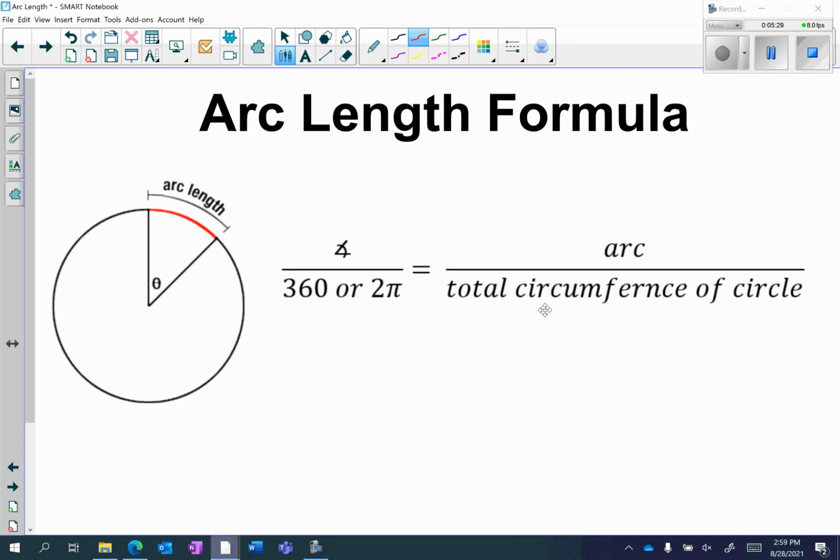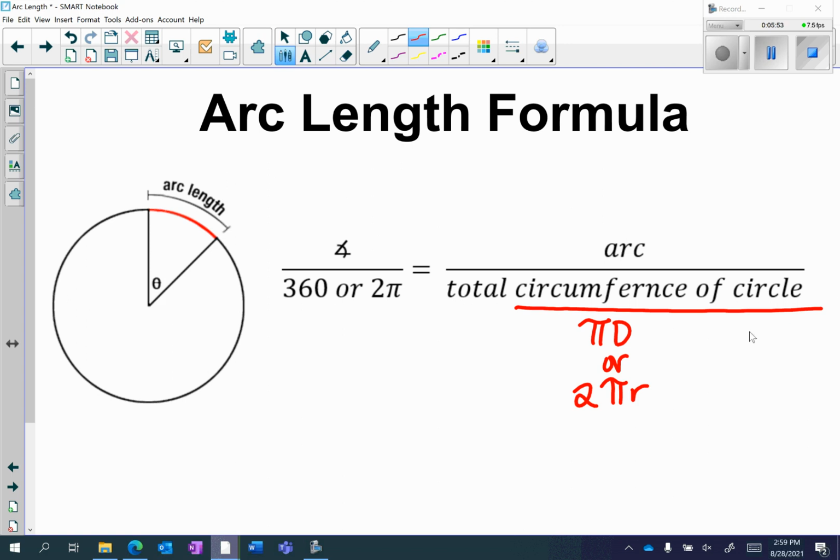So that's the part that's different. In the area of a sector, it's over the total area, and this time it's over the total circumference, which again, remember, is either pi times diameter or 2 pi r. Again, we are solving a proportion. Angle over 360 or 2 pi is equal to arc over total circumference of a circle.